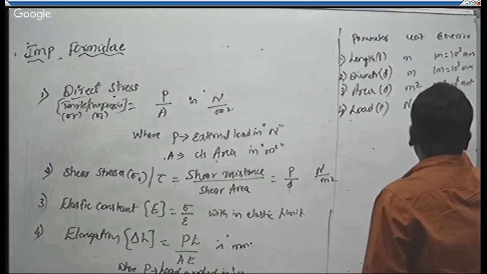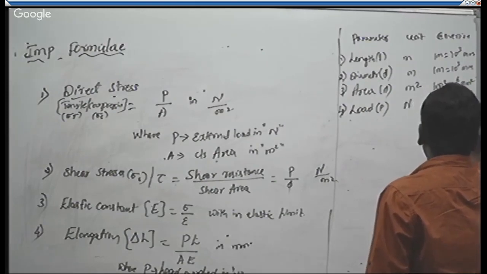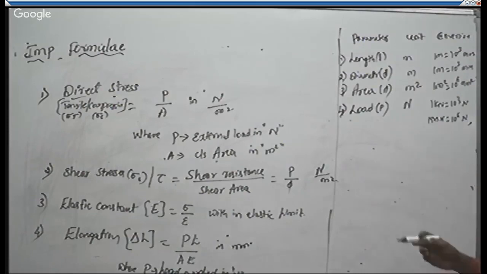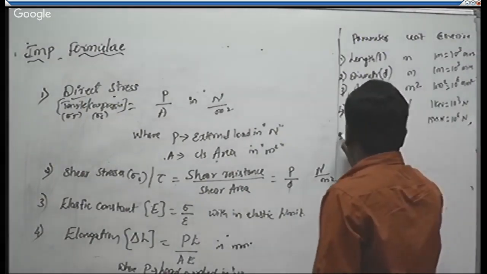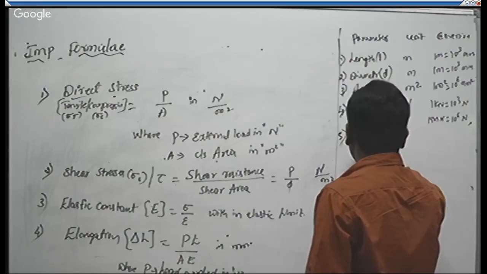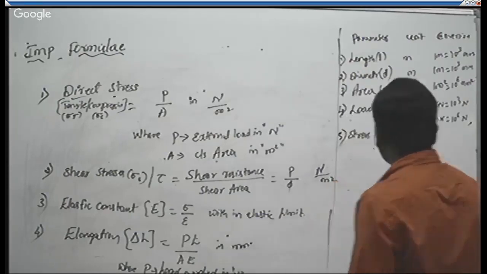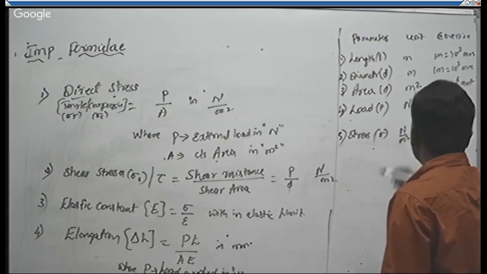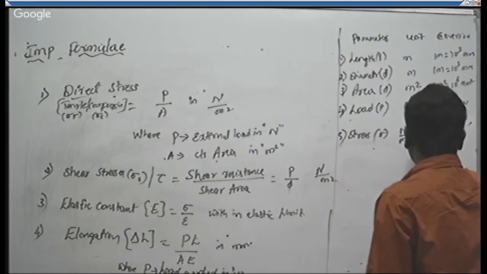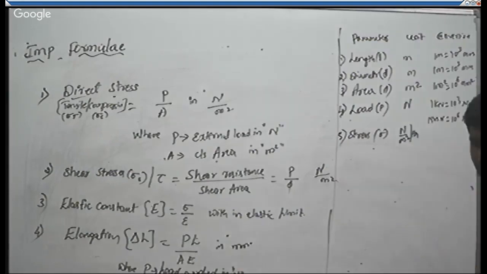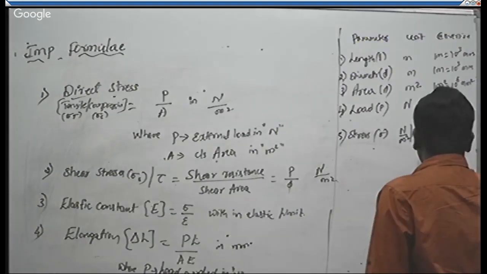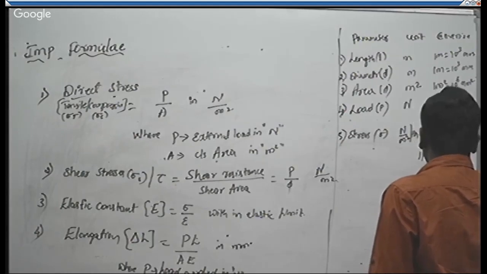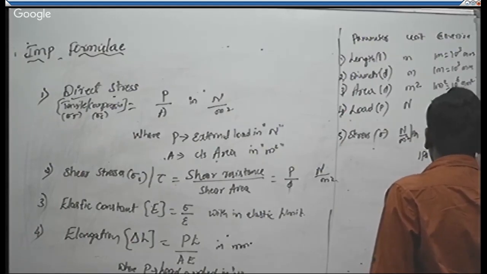Here 1 kilonewton is equal to 10 power 3 Newton, and 1 meganewton is equal to 10 power 6 Newton; we use these in conversions. The fifth one is the stress, sigma, the direct stress, tensile and compressive. This is in Newton per meter square, called Pascal. 1 Pascal is equal to 1 Newton per meter square. This is an important conversion.